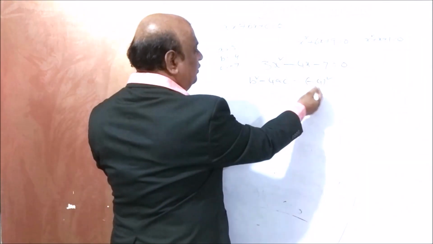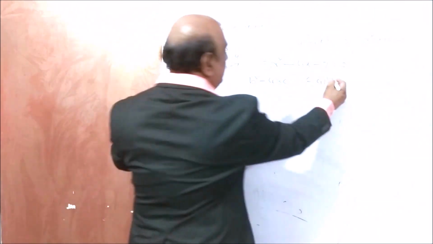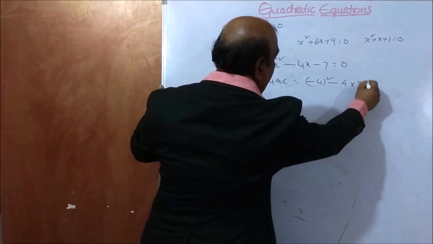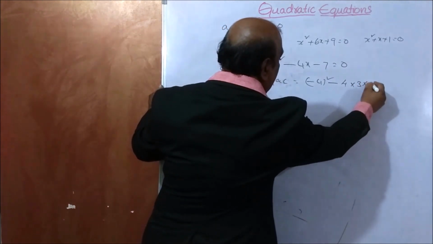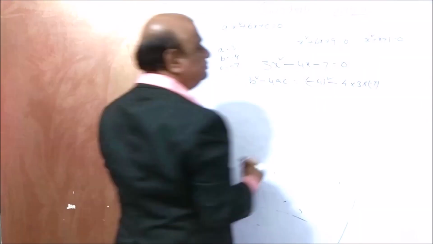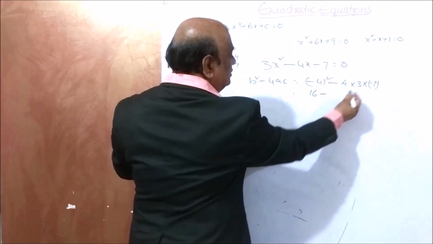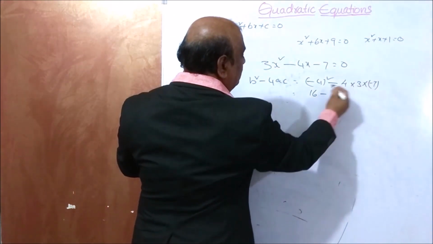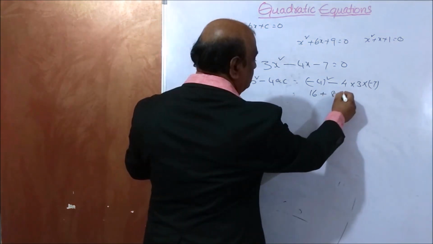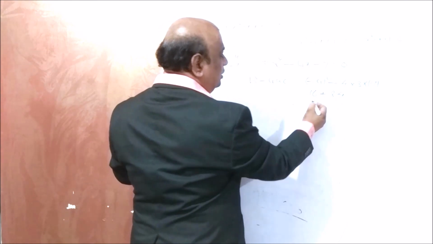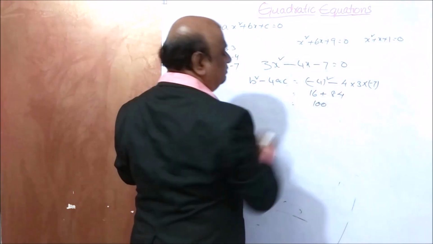Now b square minus 4ac: minus 4 whole square minus 4 into 3 into minus 7. Here this is 16, minus into minus plus, 16 plus 84, that is nothing but 100.